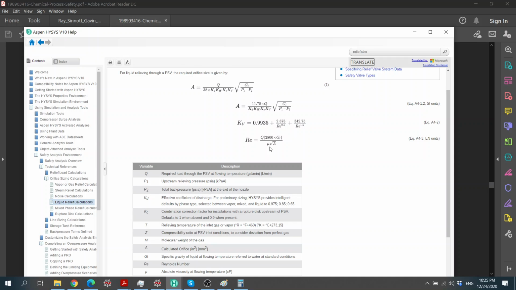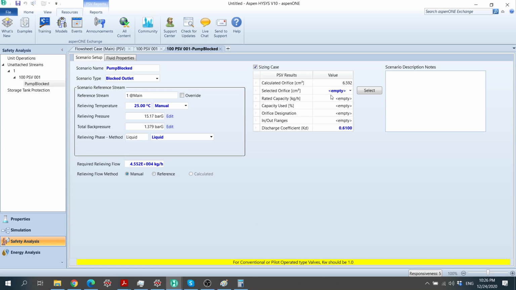We have Q, and then gravity, viscosity, and then A. A is then the calculated orifice size, so it calculates this orifice, hence it gives these iterative calculations of the KV. So nonetheless, it has to be more or less okay.